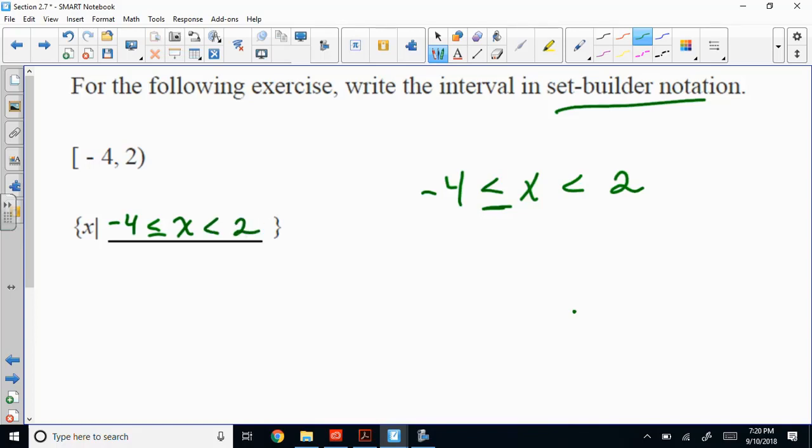Questions? Can you take it from interval notation and write it in set notation, and take set notation and write it in interval notation? Those are the first 2 things, right? Questions on that? You good? Yeah? Okay.